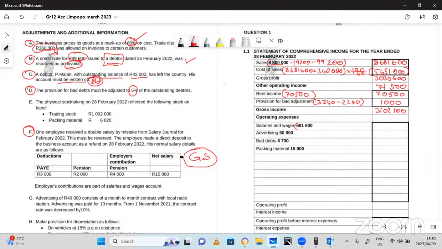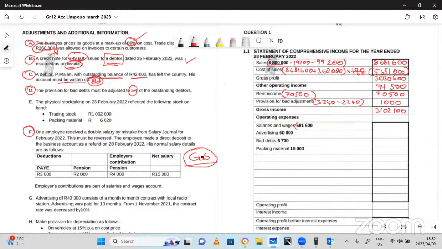The deductions will be deducted on behalf of the employee by those parties involved, the pension fund, the pay as you earn, the government will deduct that amount from the gross salary that as a business we have given the employee. We have signed the contract that we are going to give this person the gross salary. Then it's up to the government and the employee how much they are going to deduct. It's not for the business.